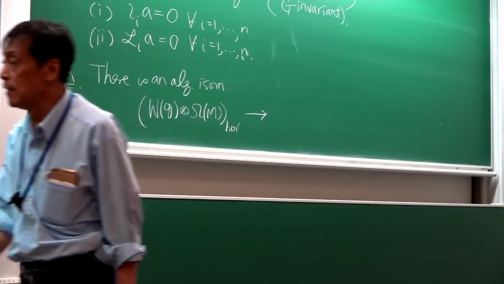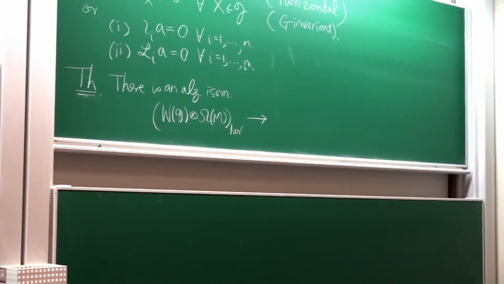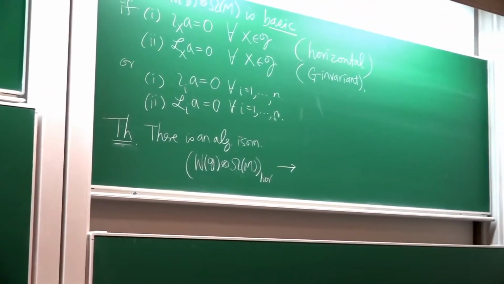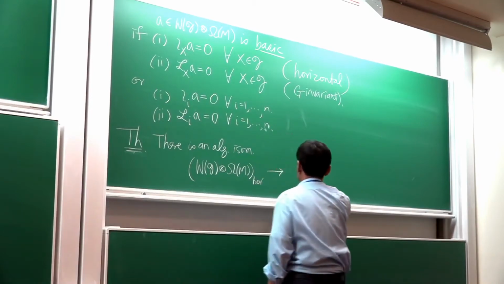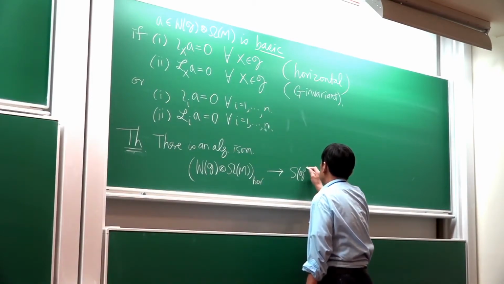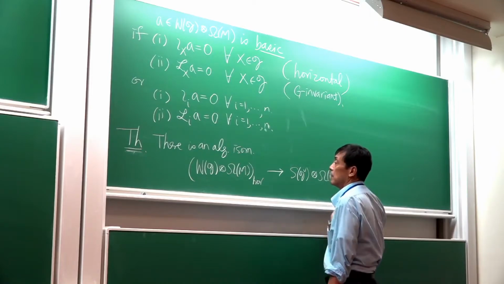So the claim is that the horizontal elements are precisely the ones that don't have any theta in it. So it's S g dual tensor with omega M. Okay?